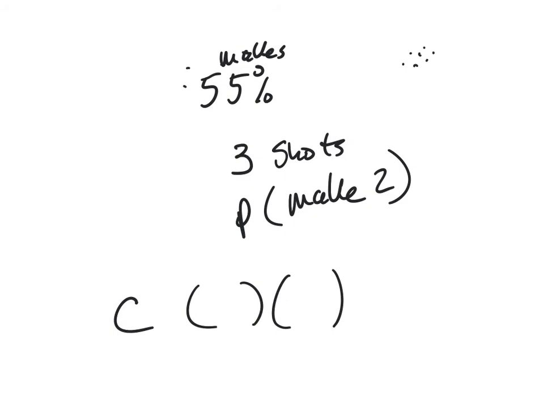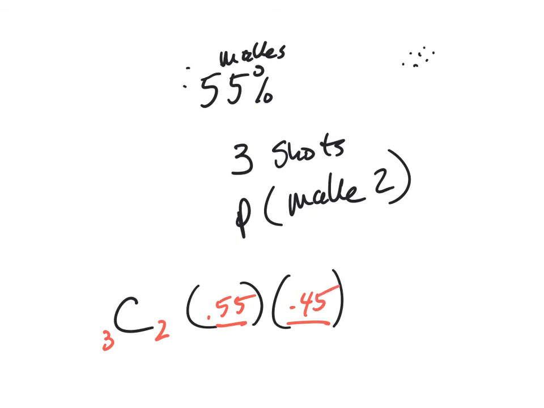Mr. CJ, what do you think on this C thing in the front? 3C2. That's going to take 3 shots, and we're investigating making 2 of them. Okay, good. NM, can you tell me what has to go in these 2 parentheses here? 0.55 and 0.45.